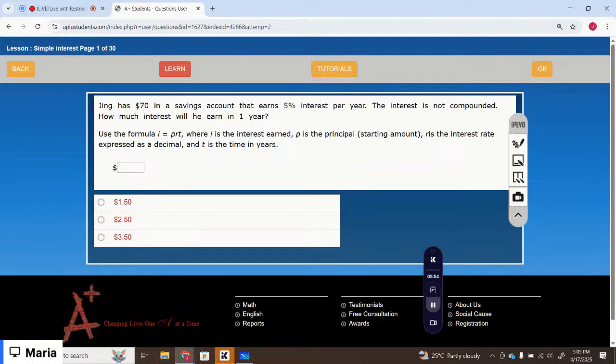The interest is not compounded. How much interest will he earn in 1 year? So we are going to use the formula that is I equals PRT. That is the formula to calculate the interest.